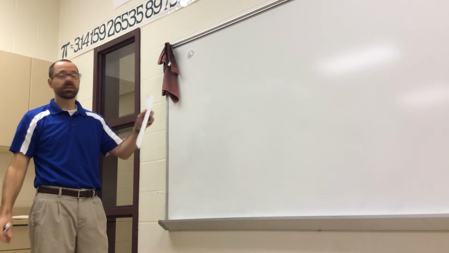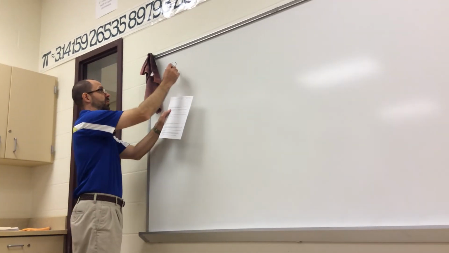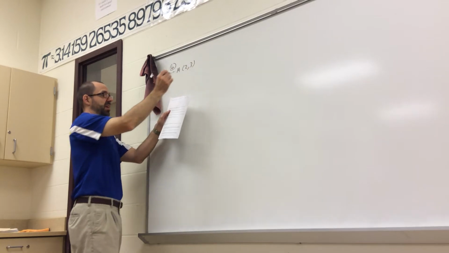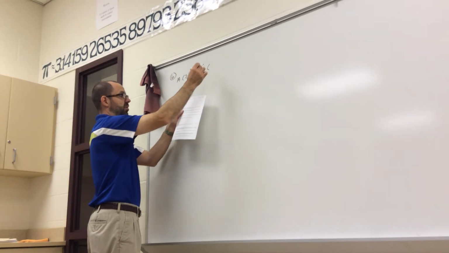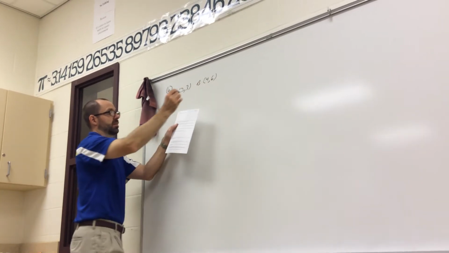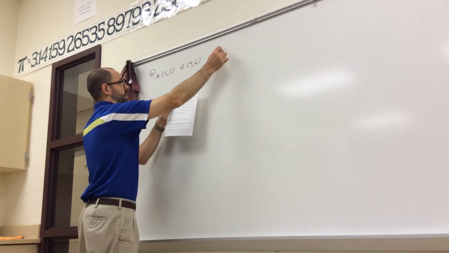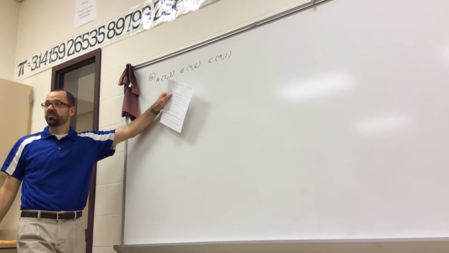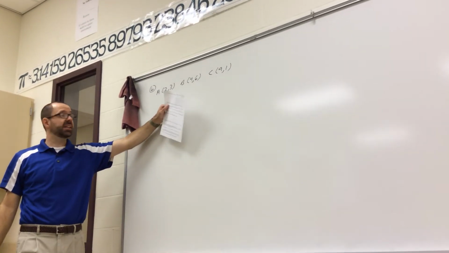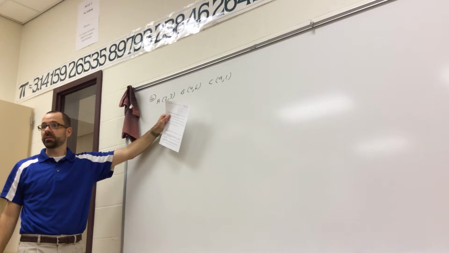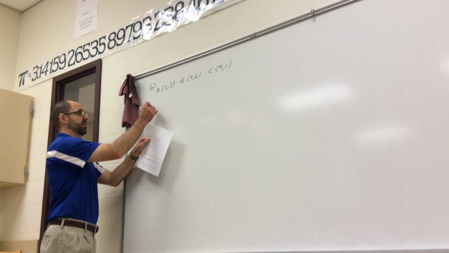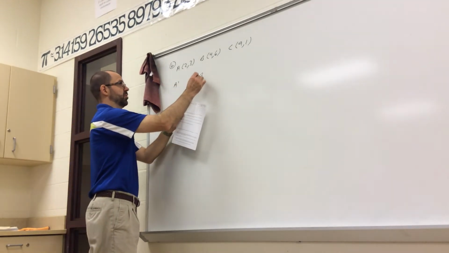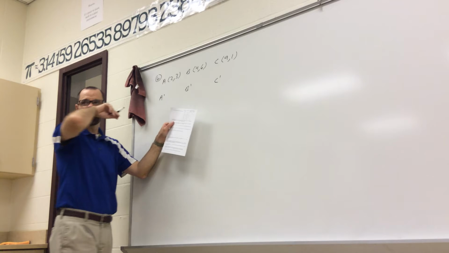So triangle ABC, the original is 2, 3. You don't have to write this down because it's already written down. The original is 2, 3, 4, 6, and 9, 1. And then it says it's rotated -90. And they want to know what the new points are. So you have to write down the new A, and the new B, and the new C.